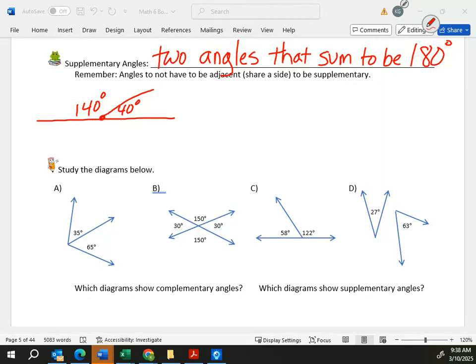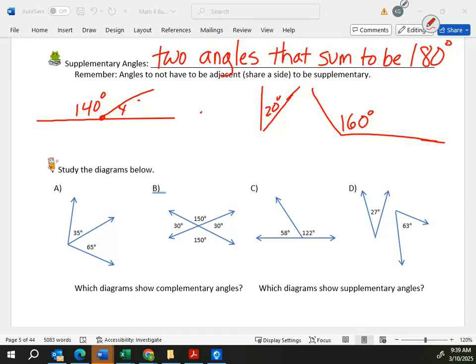Just like with complementary angles, they do not need to be attached. They don't have to have that adjacent side, so we could have 20 degrees and we could have 160 degrees.